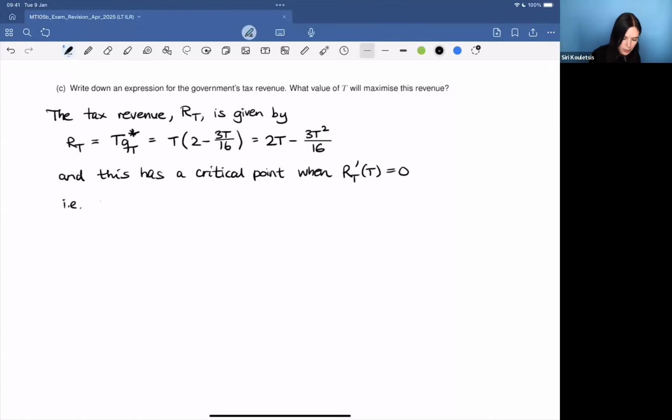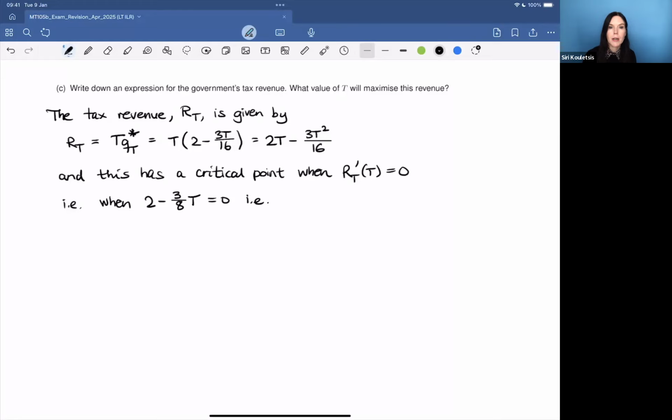And so we differentiate the above. It simplifies like that, since 6 over 16 is the same as 3 over 8. And now we just need to make T the subject here.